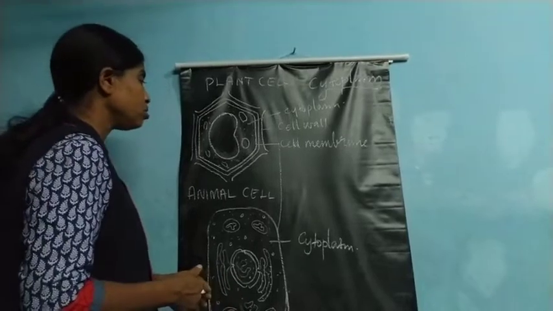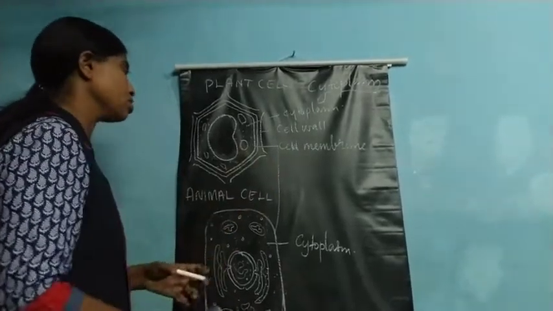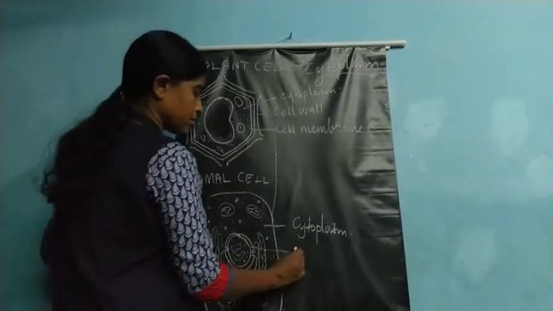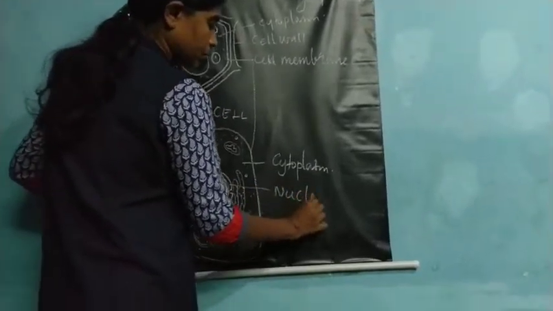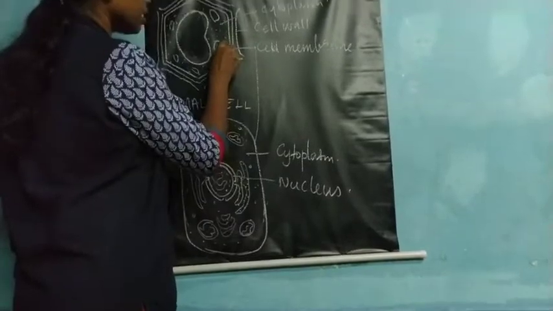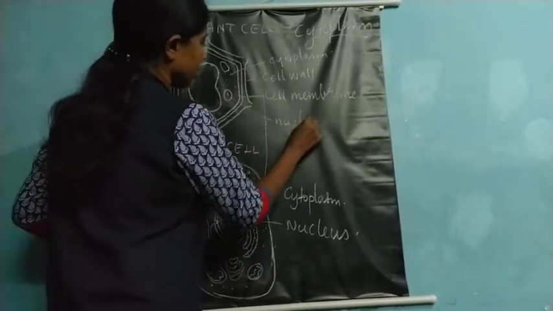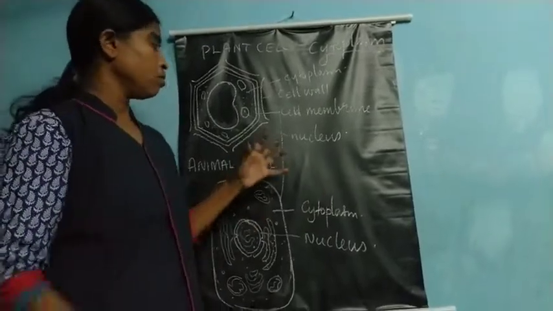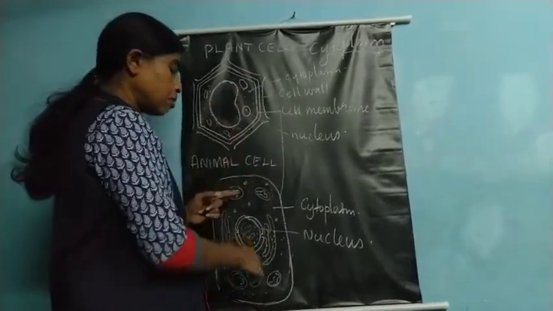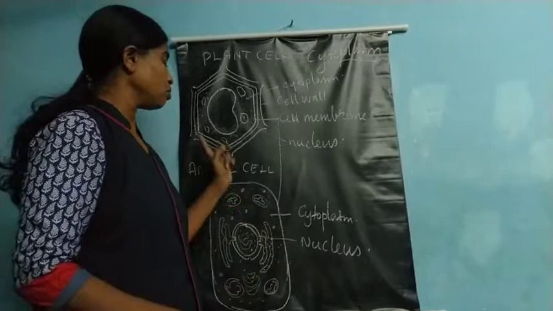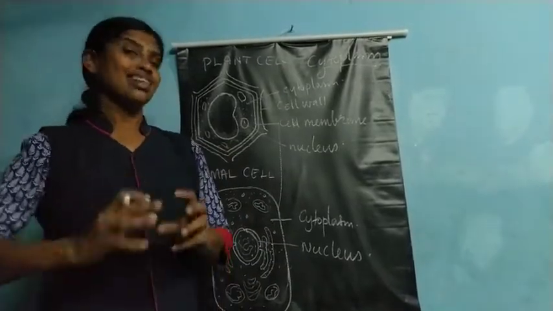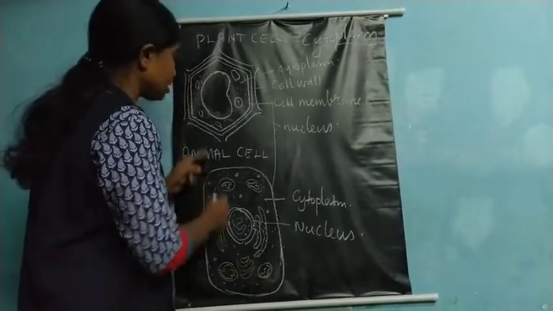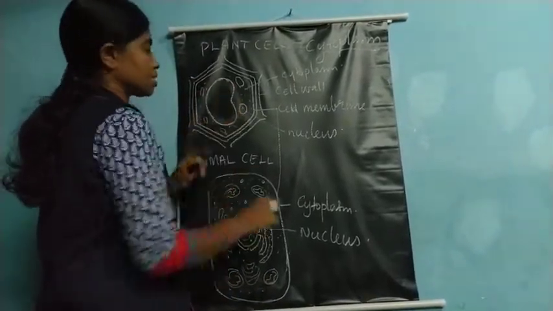Now we are going to see the next important structure. We call it the nucleus, right? Yeah, this is the nucleus. So before that, you must know what is the name given to the structures found in the cytoplasm. There are many structures you can find here in animal cell, here also you can find so many structures.